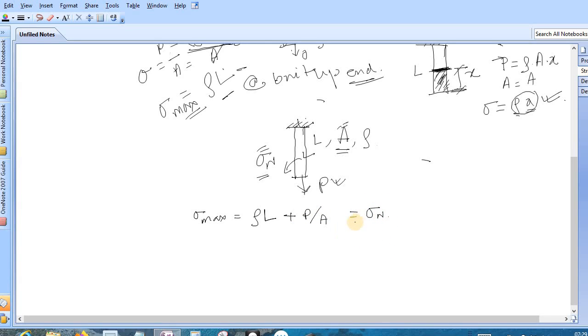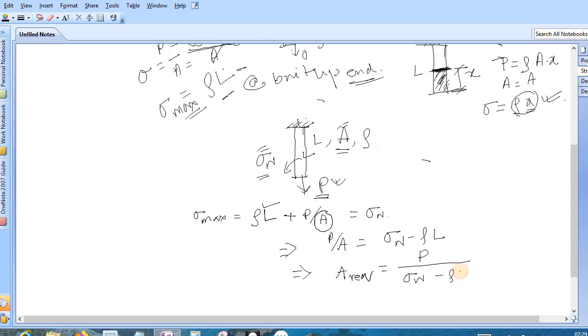So if I have to find the cross-sectional area required for a particular length of bar when external load P is applied, we can rearrange it like this: P by A is equal to sigma W minus rho L, or the required cross-sectional area is equal to the applied load P divided by the allowable stress, sigma W minus rho L.